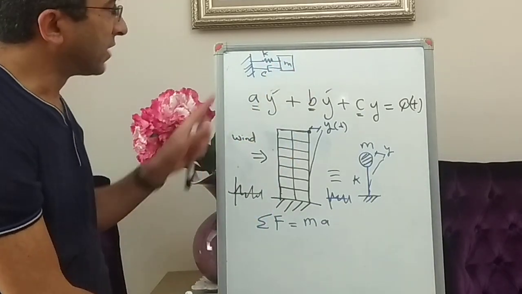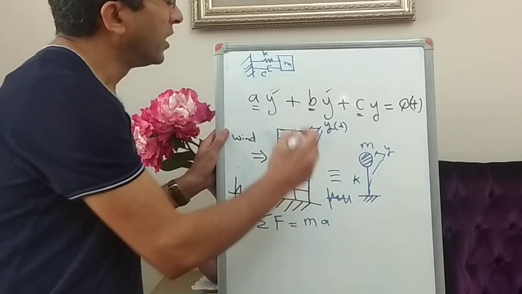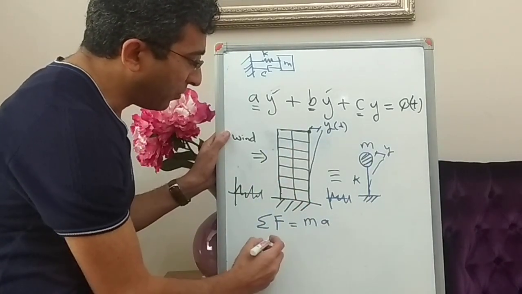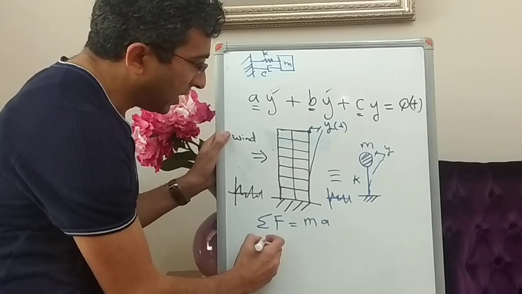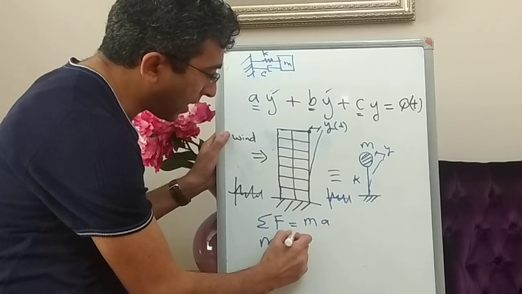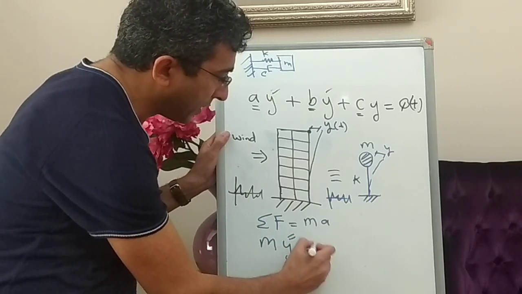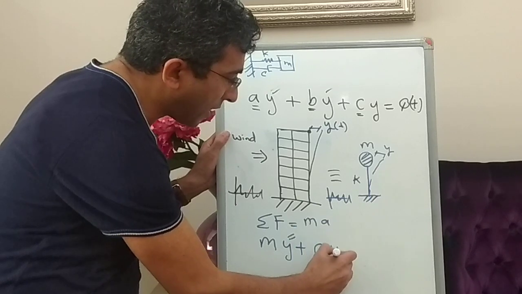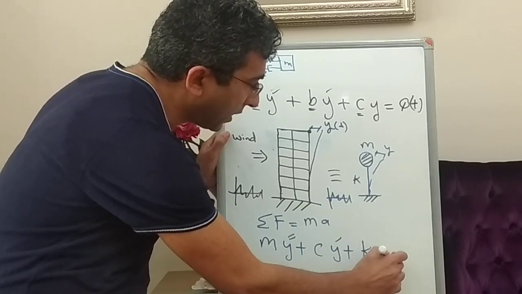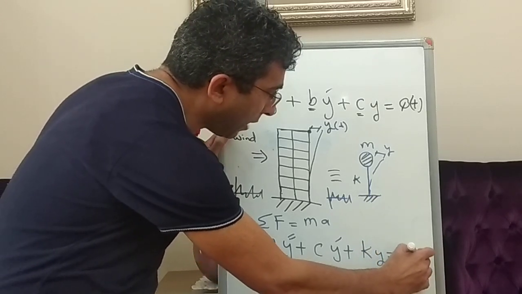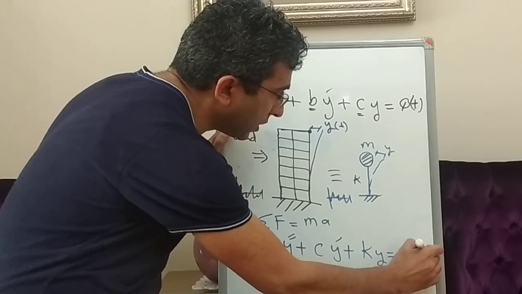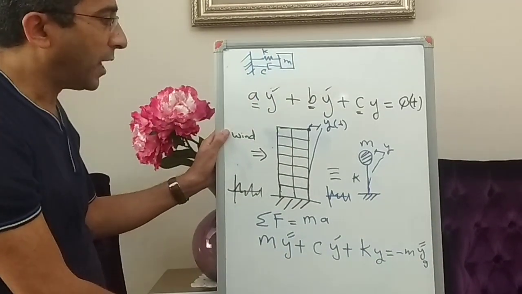And if it is excited by a ground motion, you can write Newton's law for this, and you will obtain the following equation: m y double prime plus c y prime plus k y is equal to minus m y double prime g, the ground acceleration.